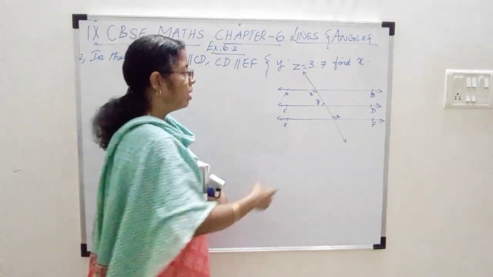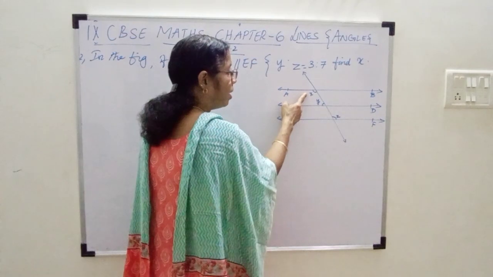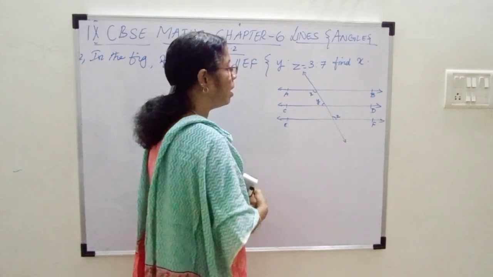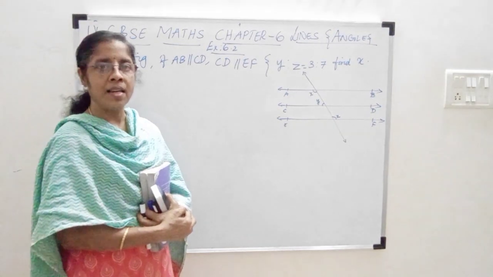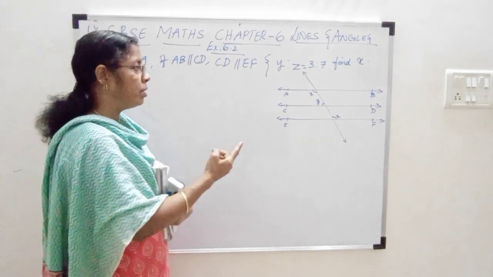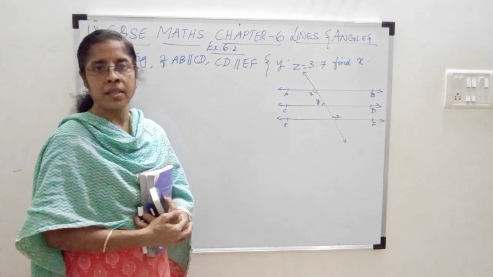Can you say these 3 lines are intersected by this transversal? Then X and Z will be the alternate angles, isn't it? Alternate angles. So if you find out Z or Y, you can find out X also.